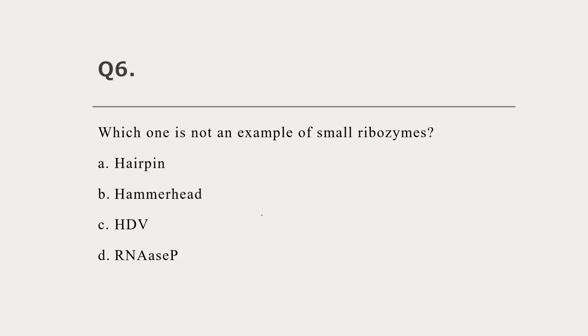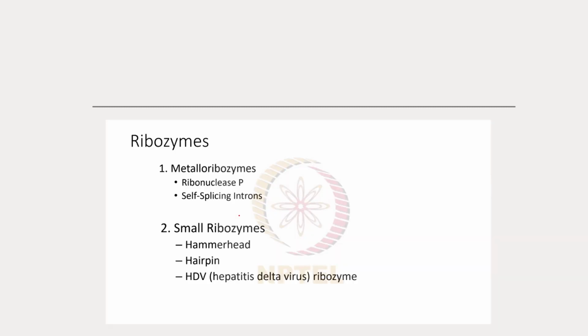Okay, so let's discuss. There are basically two classes of ribozymes, that is metalloribozymes and small ribozymes. Metalloribozymes include ribonuclease P and self-splicing introns, while small ribozymes include hammerhead, hairpin and hepatitis delta virus ribozyme, that is HDV.